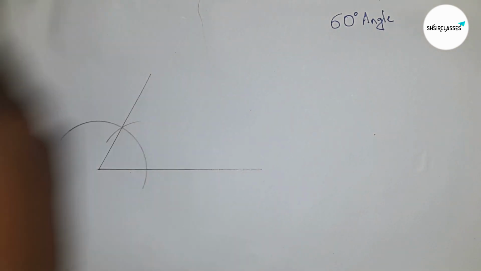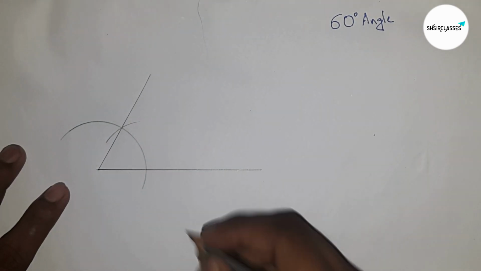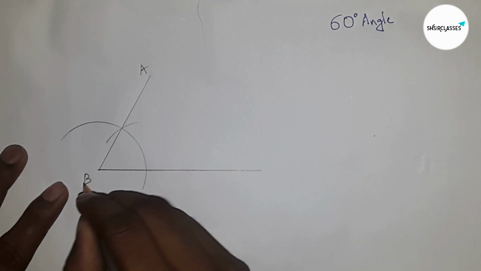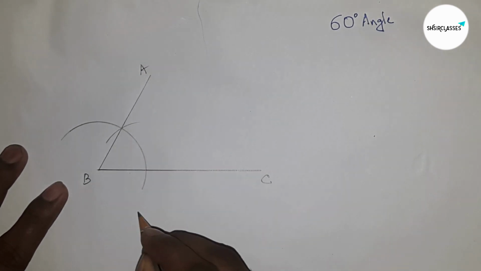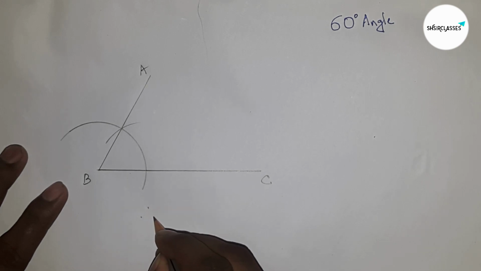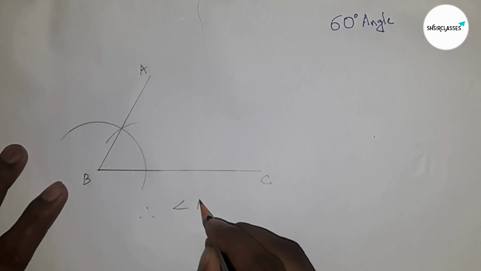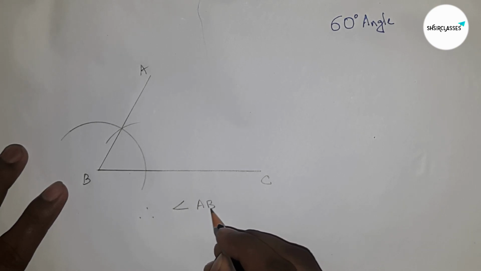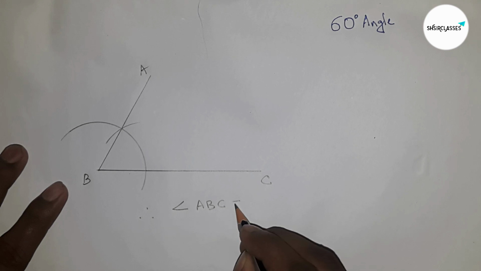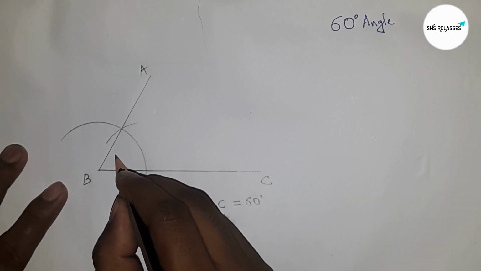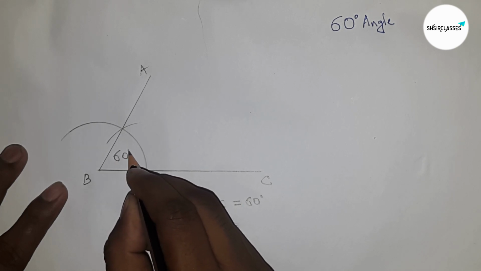We denote this angle by A, B, C, and therefore angle ABC equals 60 degrees. This is a 60-degree angle.